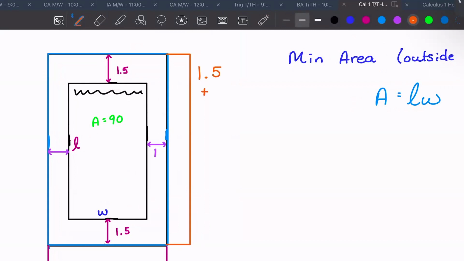And then we have L. We know something about this length because we know the area, right? So we're going to say plus L, which would be the black to the black. And then we have another 1.5, right? So plus L plus another 1.5. All right.